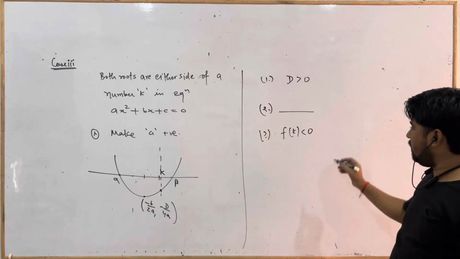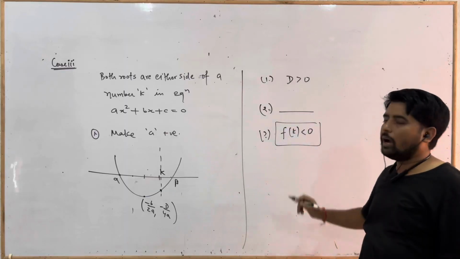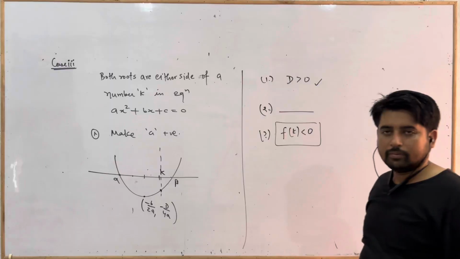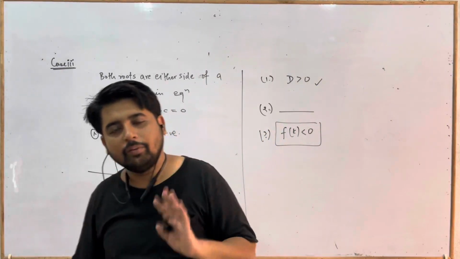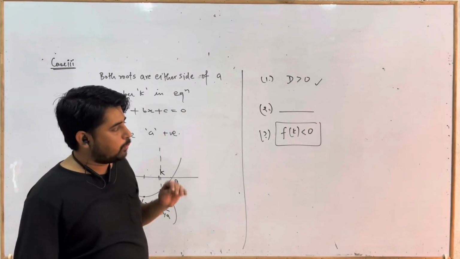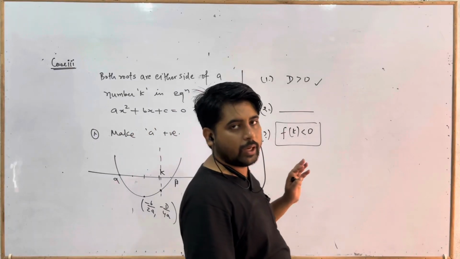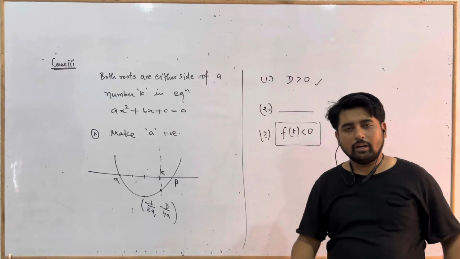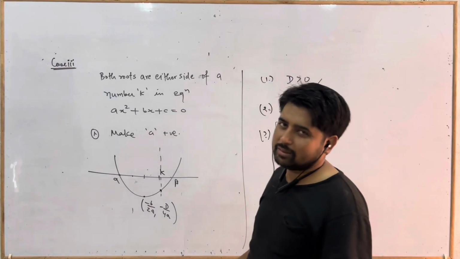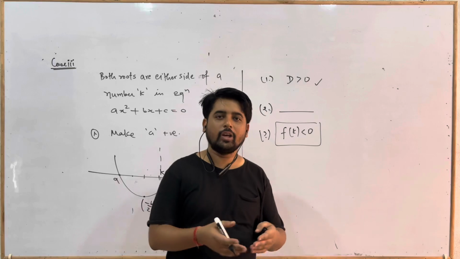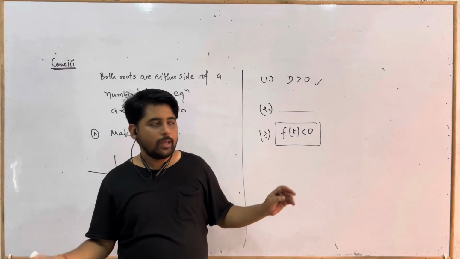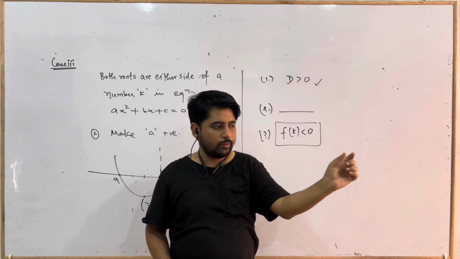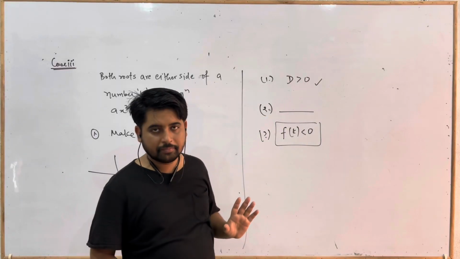So if you write f(k) less than 0 for an upward parabola, there is no need to write d greater than 0. What is the meaning of that? Suppose a question says that a number like 3 lies between the roots of a quadratic equation. You write d greater than 0, and after solving you get a result.